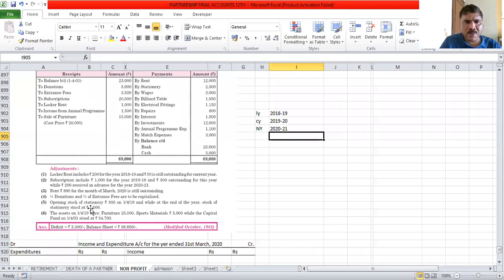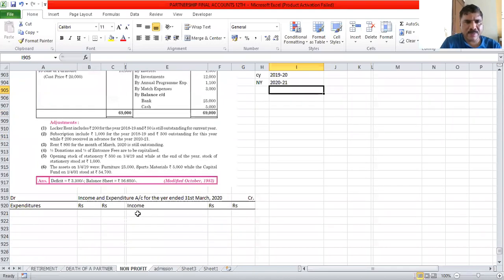The opening stock of stationery 500 on 1st April 2019, and the end of the year stock of stationery stood at 1000. Opening stock, closing stock is given. And the assets on 1st April 2019, furniture 25,000, sports material 5,000, while capital fund on 1st April 2019 stood at 54,700.